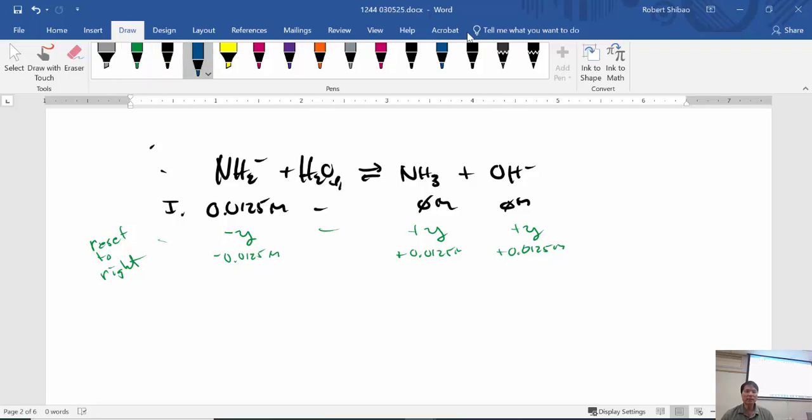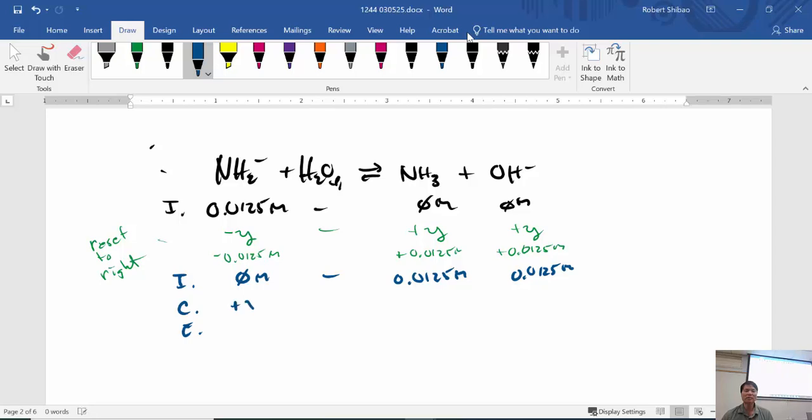And so I'm going to get my new initial conditions. My new initial conditions is 0 molar amide, water is ignored, and then ammonia is going to be 0.0125 molar, and the hydroxide is 0.0125 molar. Okay, now the change is going to be in the opposite direction, so we got to add to the 0.